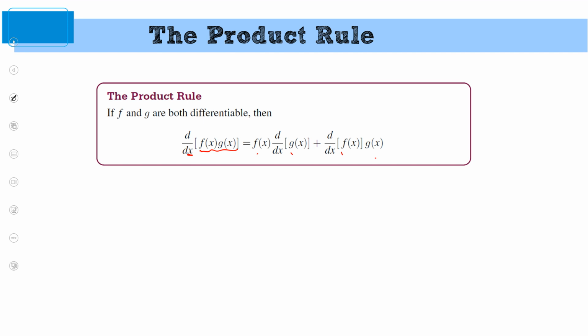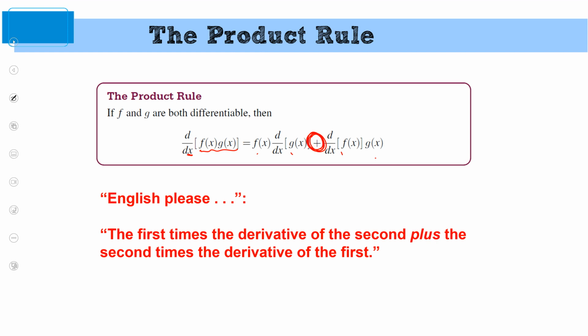And this is always a plus sign. That's just something you're going to have to burn into your melon. How many of you have seen this before? Couple? Excellent. Let us move on.